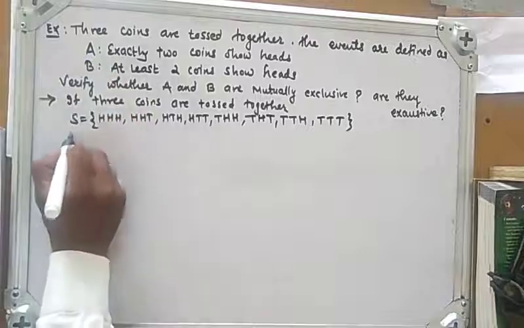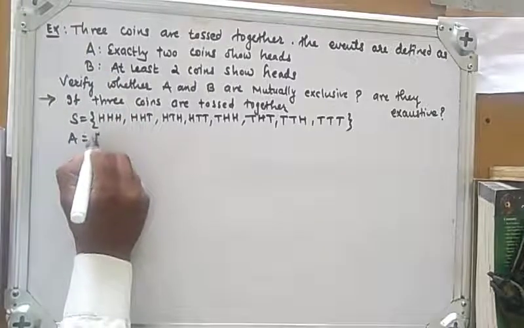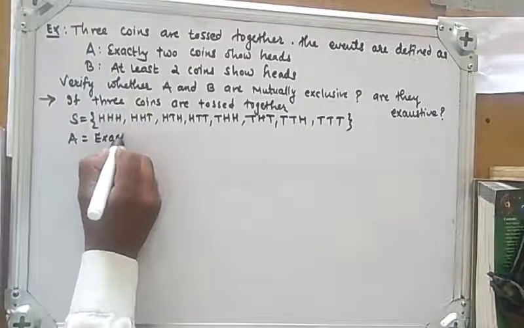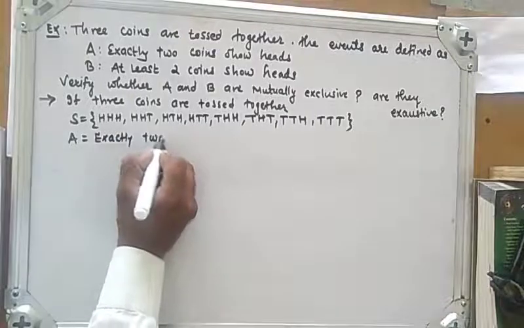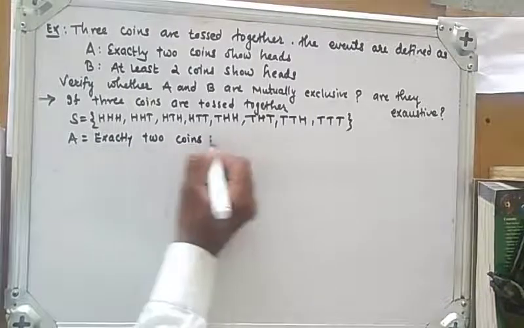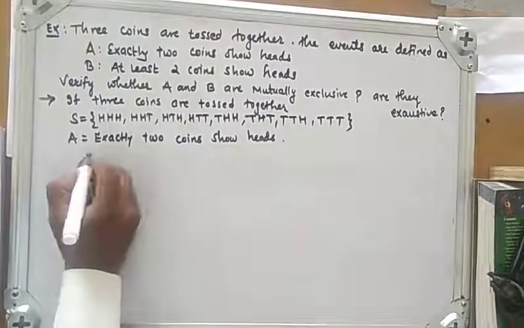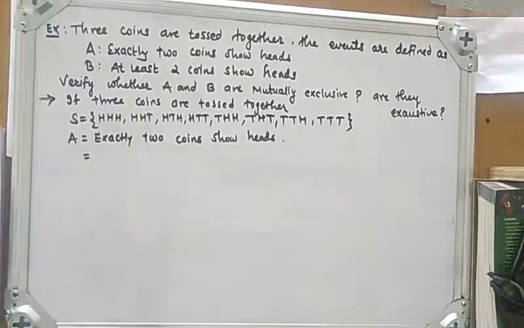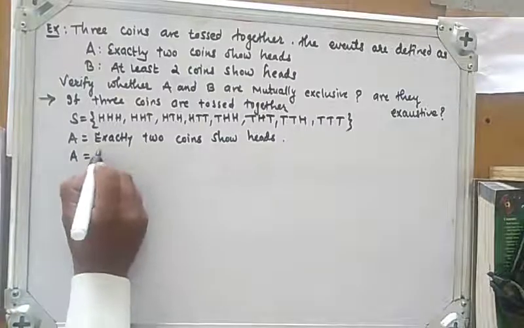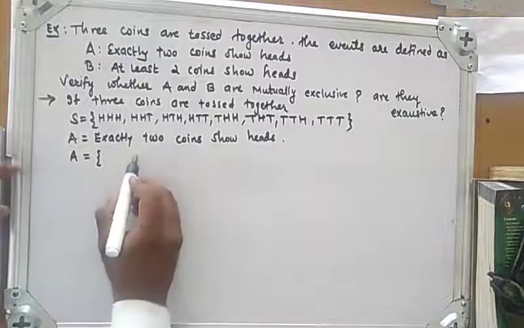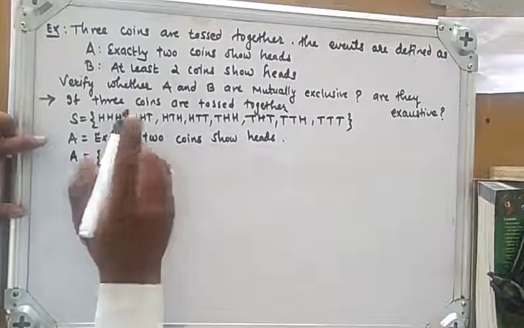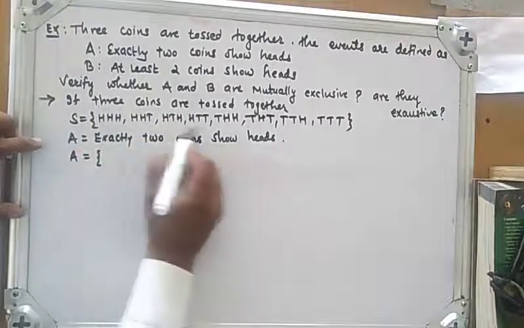Now let A be the event. What is the event A? Exactly 2 coins show heads, meaning there are exactly 2 heads in each sample point.